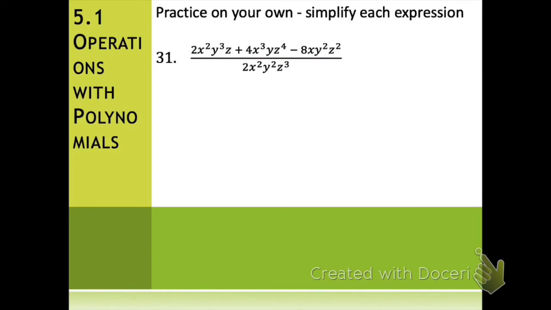So first I look at the numbers. The greatest common factor of those three numbers is 2. So I can pull out a 2. Then I'm going to look at the x's. This one just has a 1x, so I can just take 1x out of all of those.